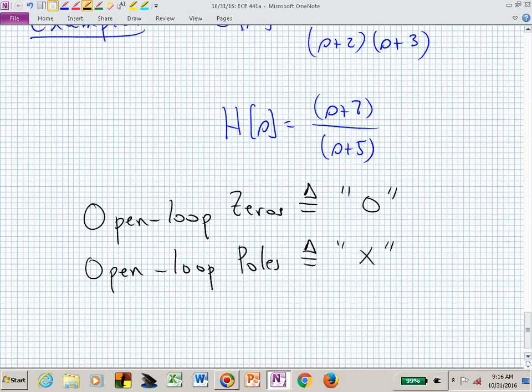So now we have X's and O's. If you're comfortable with football or basketball, this is now our engineering X's and O's. Okay? We like to have fun too. So now our playing surface is the S-plane. And we're going to be populating that S-plane with X's and O's. And then the patterns that these X's and O's will generate is the root locus in this case.